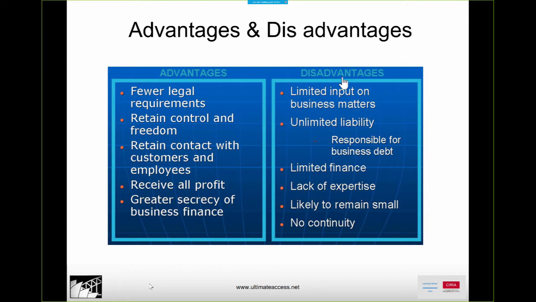Now, limited input on business matters, because this person may not have all the skills required. Therefore, he may have limited input on business, right? And of course, unlimited liability, right?